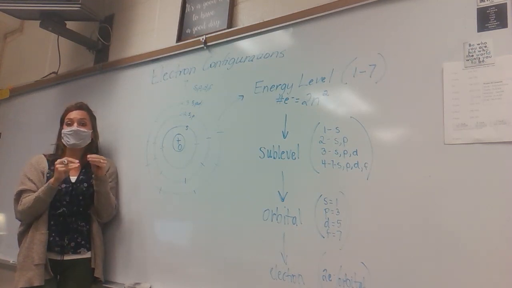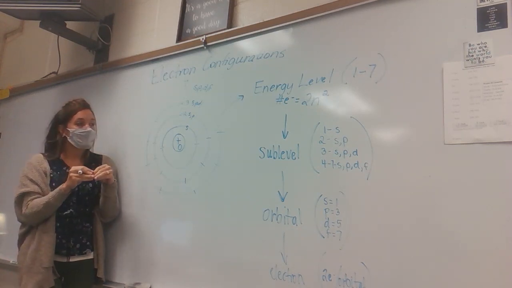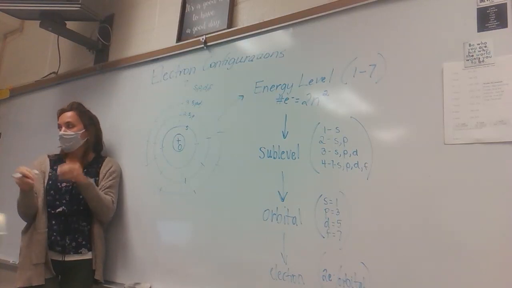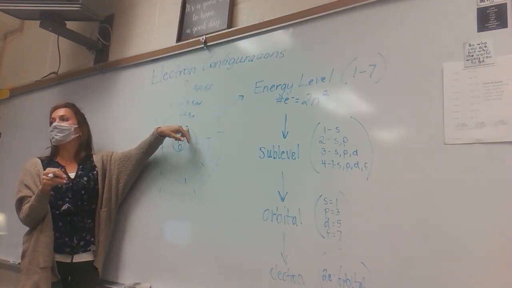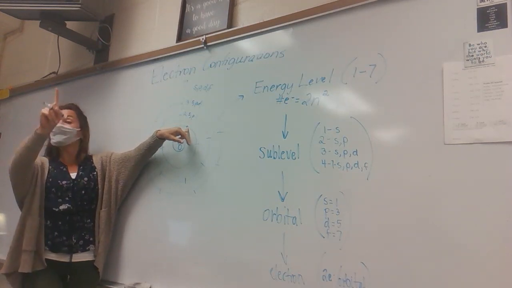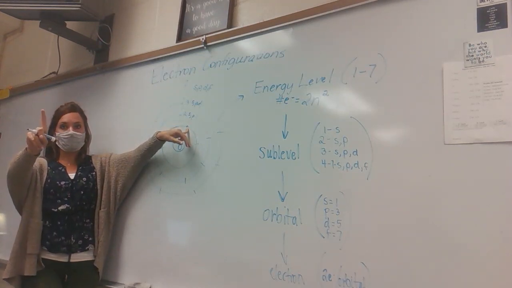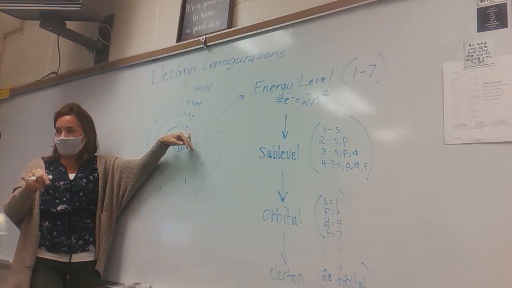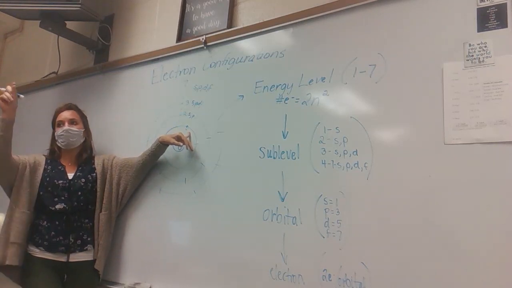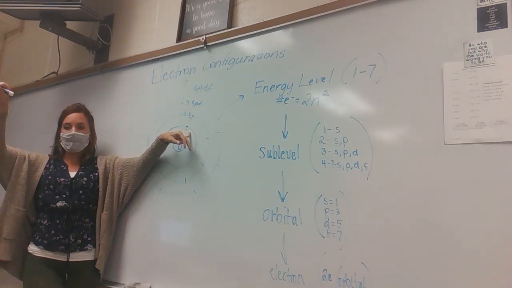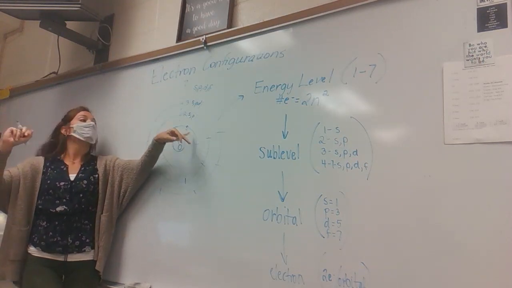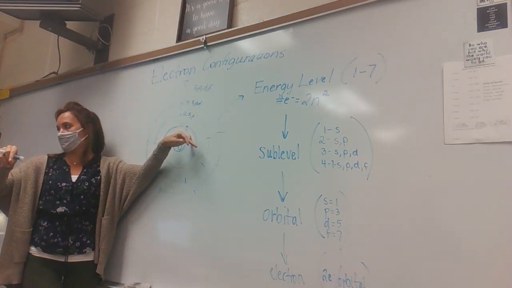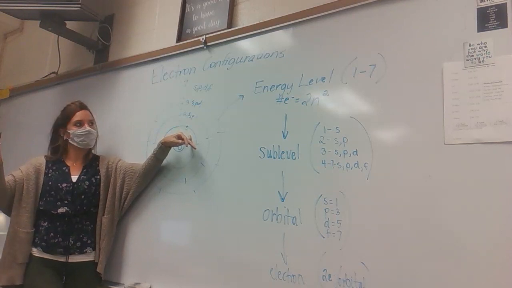The electrons in the energy levels have to then be inside of a sublevel. So here we would have a 1s1 electron, 1 being for the first energy level, S for the S sublevel, and then superscript 1, meaning it's the first S electron. And then there's a 1s2 electron, the second S electron.